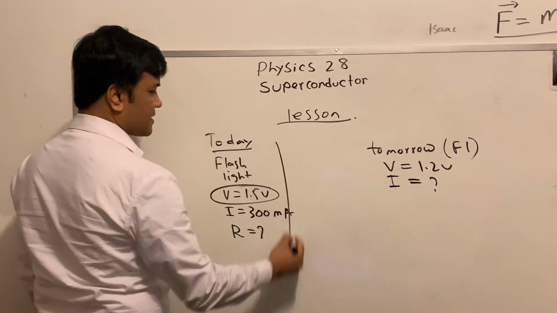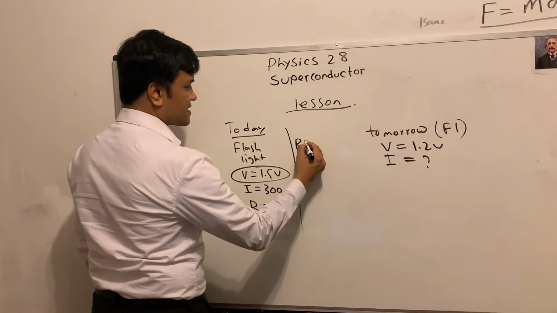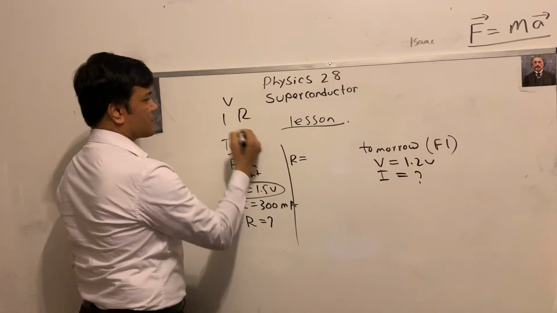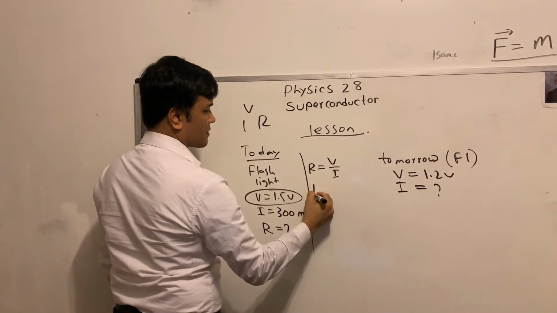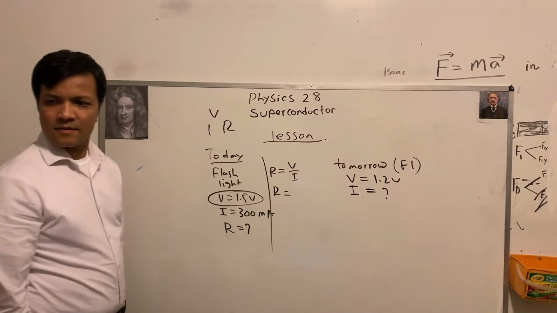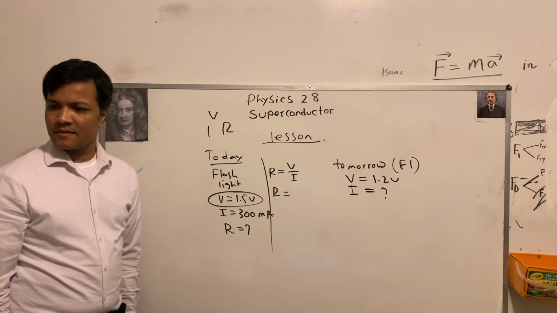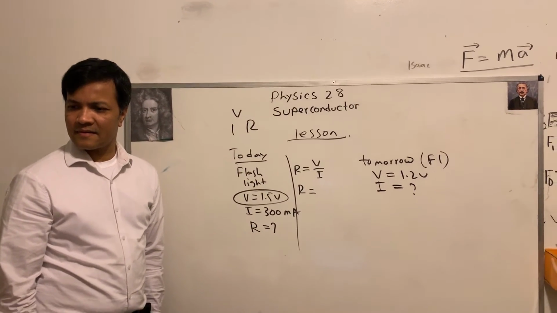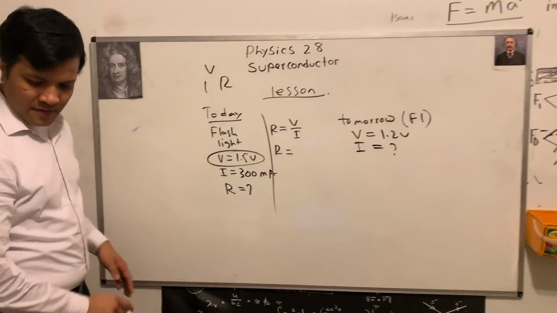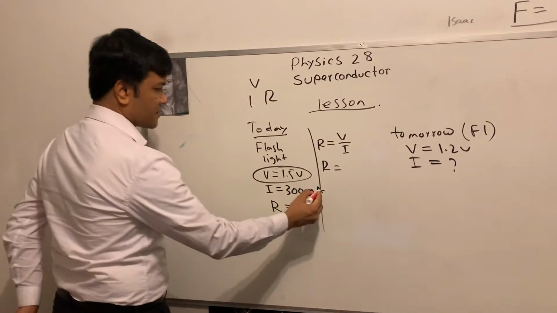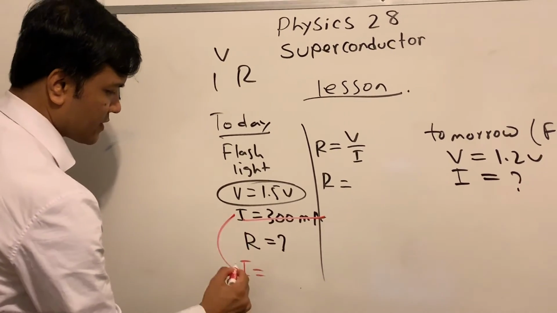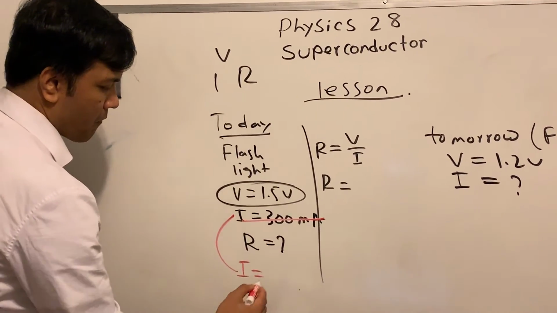What is the formula for the resistance? Resistance is V over I. But excuse me, instructor, we have volts, not millivolts, so we convert milliamps to amps. 1 milliamp is 1 over 1,000 amps.